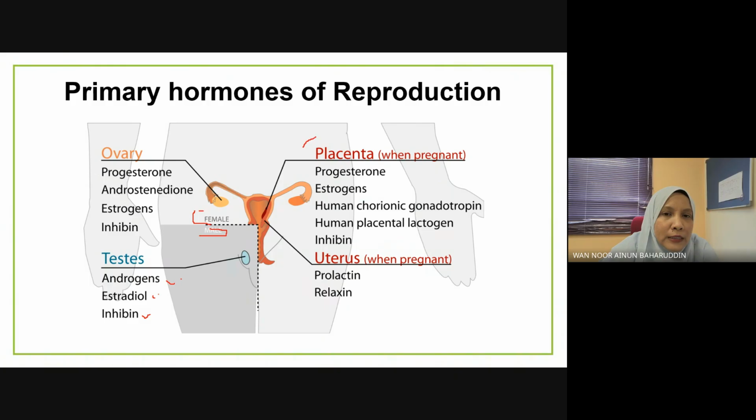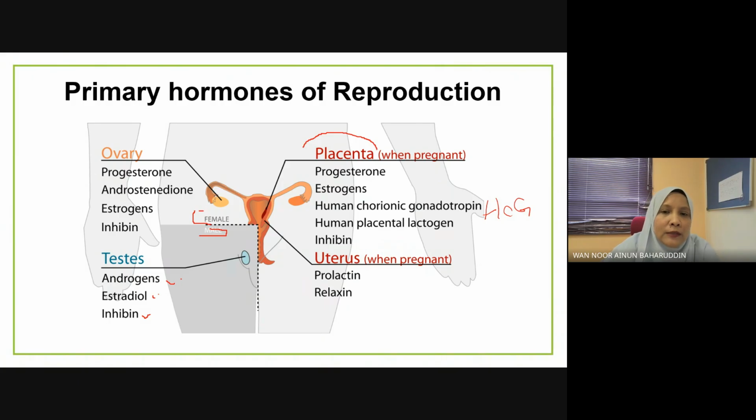And during pregnancy, the placenta releases the hormones progesterone, estrogen, and HCG. This HCG is one of the hormones we use to detect pregnancy, as well as placental lactogen and inhibin.